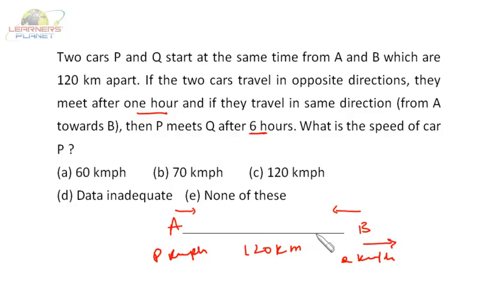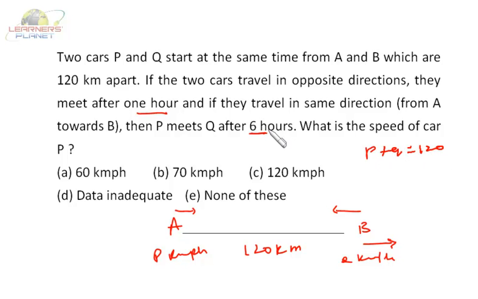Now if they are coming towards each other, then the relative speed will be p plus q kilometer per hour. That means in 1 hour they will cover a distance of p plus q, and this p plus q is what? It is 120 kilometers, since they are meeting after 1 hour. That means both of them together will cover a distance of 120 kilometer. Okay, so p plus q is equal to 120.